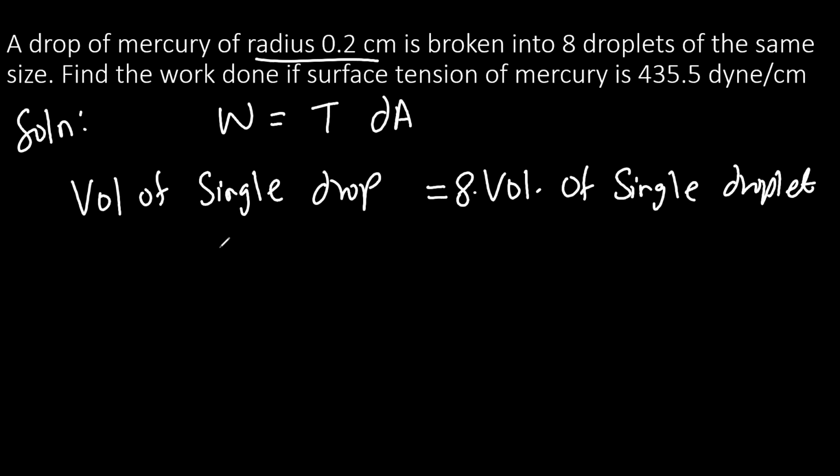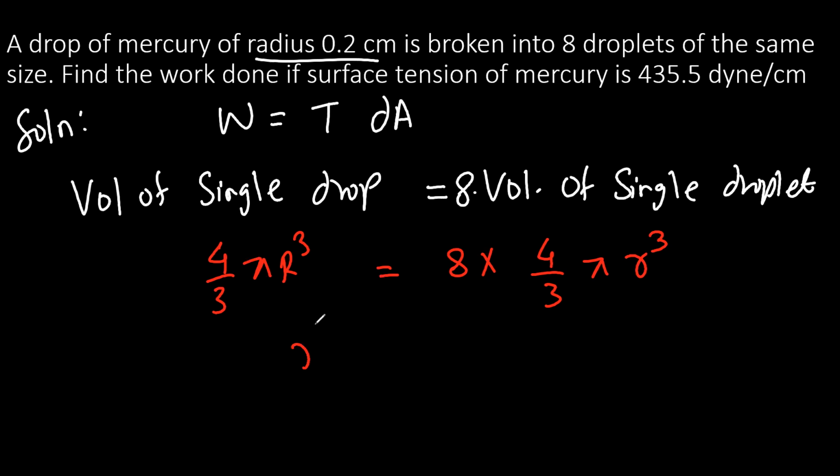So let's take it. This is 4 by 3 pi r cube, and this is 8 into 4 by 3 pi small r cube. So 4 by 3 cancels, pi cancels. I want to find r cube. So what is r cube? It's capital R cube divided by 8.